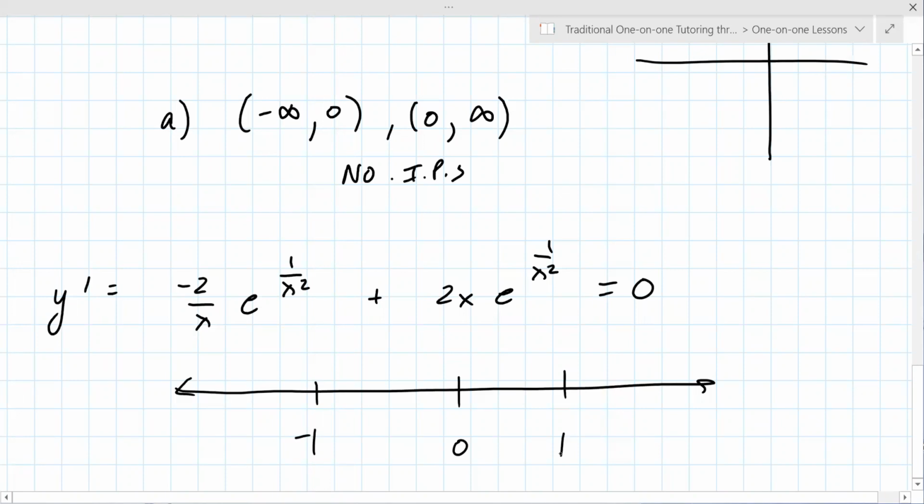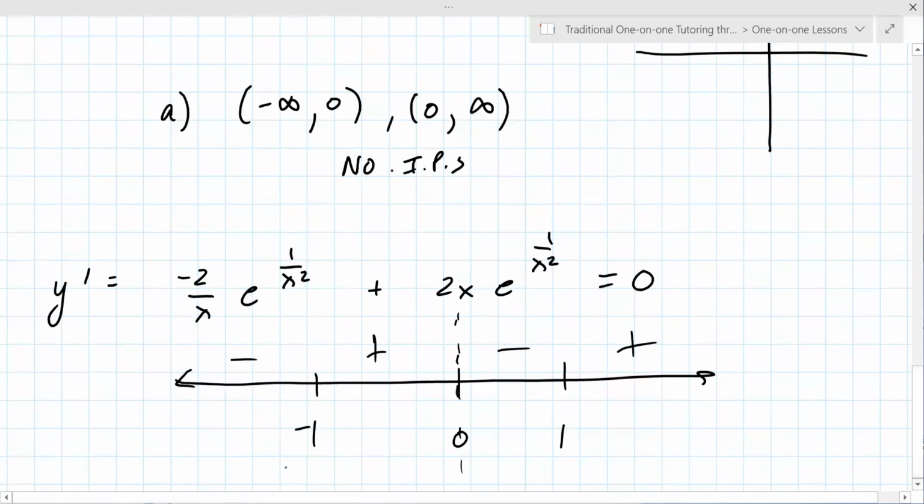You remember doing that from yesterday? Do you have the signs handy? It was negative, positive, negative, positive. Okay. So this one doesn't count right here because it's undefined, but you can see that this is a min and this is a min as well.